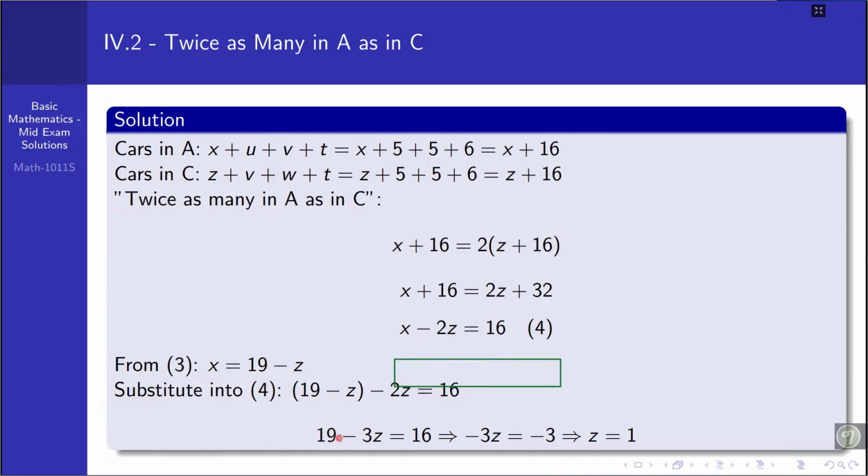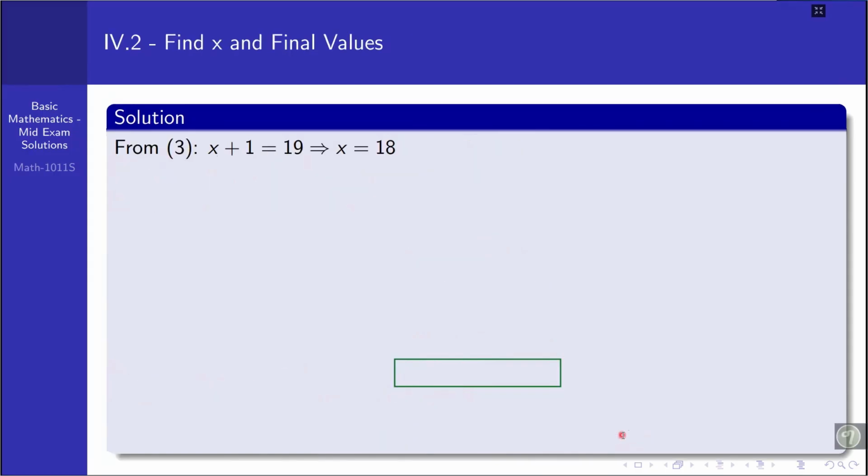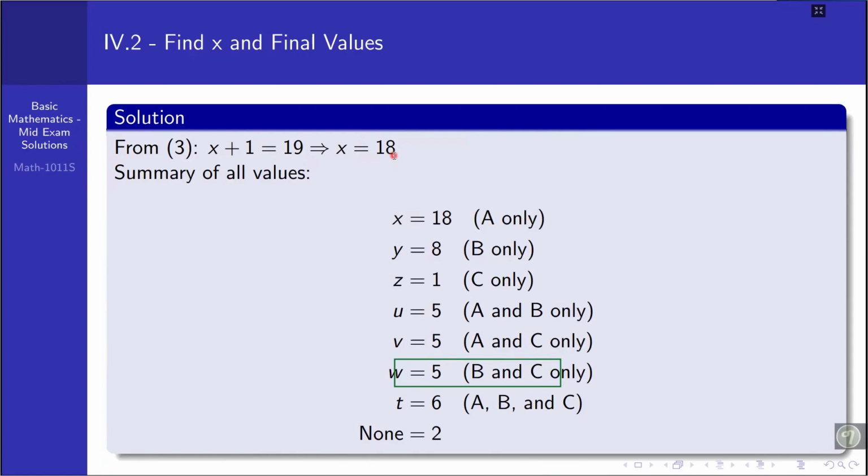Then 19 minus 3Z is equal to 16. This implies minus 3Z is equal to minus 3, so Z becomes 1. Then from 3 again, X plus 1 is equal to 19, which implies X is equal to 18. That is, if you subtract 1 from 19, the number of cars in A only becomes 18.